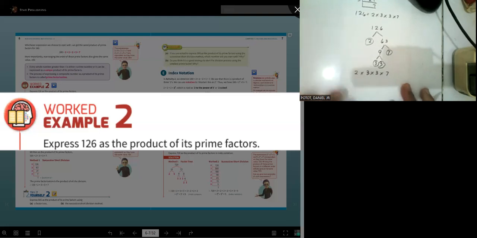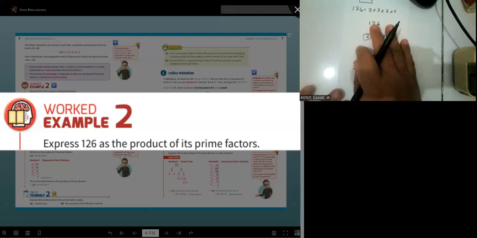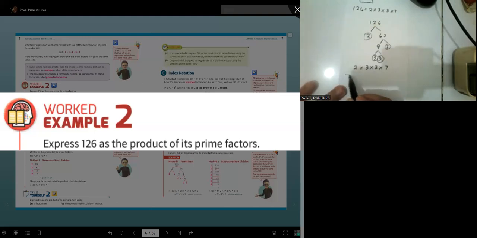Okay? Now, before we proceed to the least common multiple or highest common factor, I would like to introduce you to index notation. What do you mean by index notation?